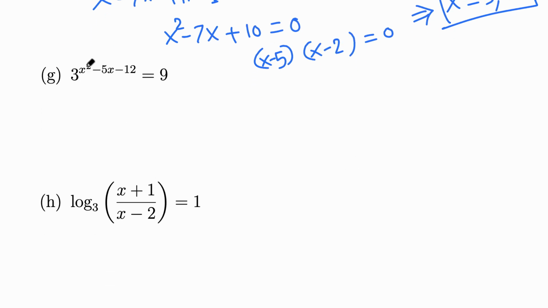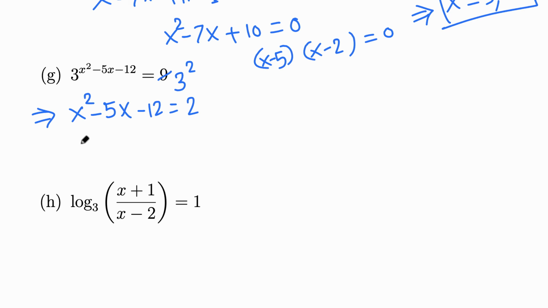Here we have 3 raised to some power, and we have 9 on the right-hand side. 9 is 3 squared, so this is the same as 3 squared. Then we have the same base 3 and 3, which means the exponents should be equal. So x squared minus 5x minus 12 equals 2. Now we are going to solve this quadratic equation like last time.